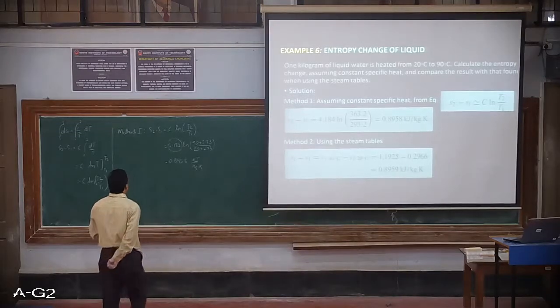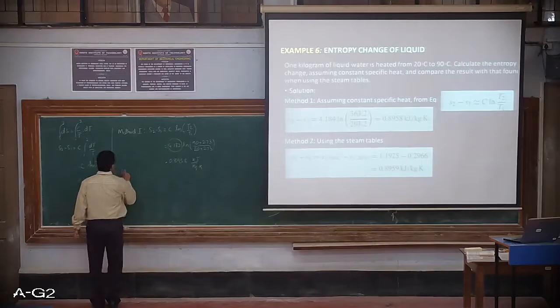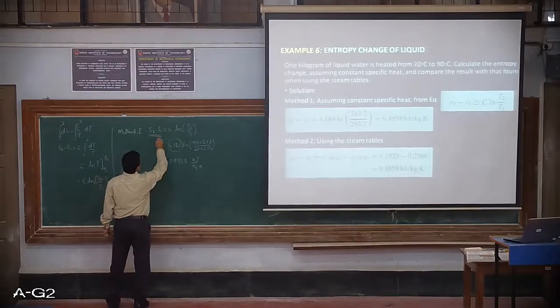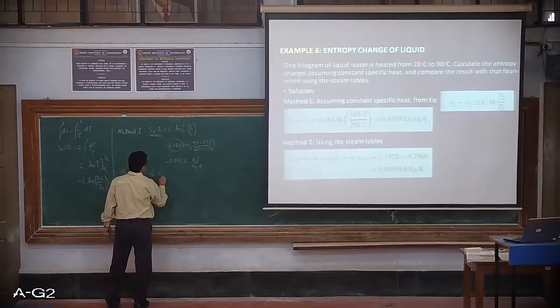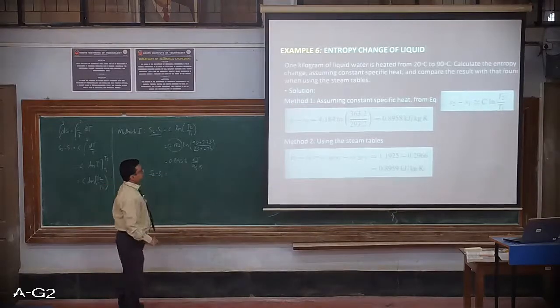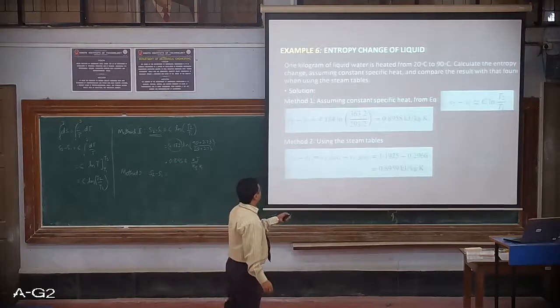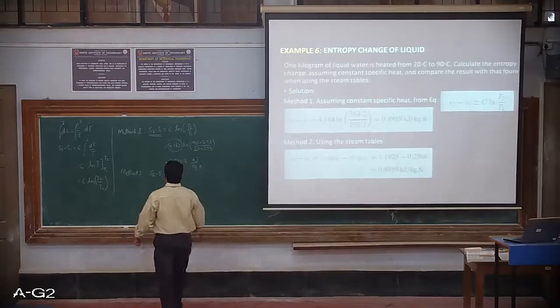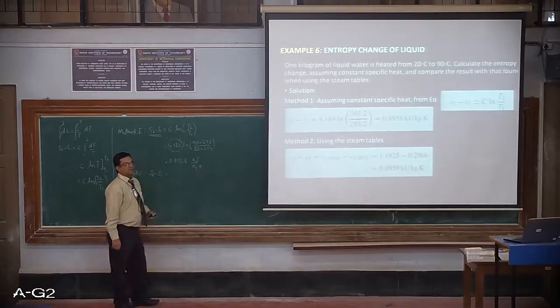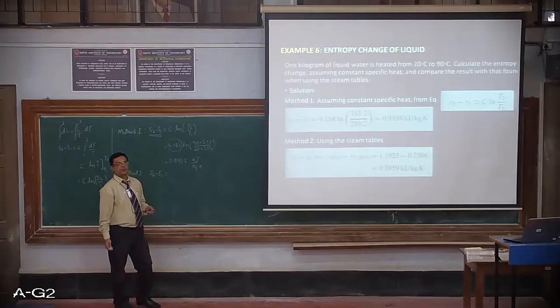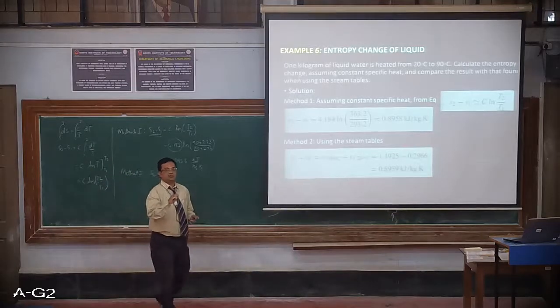Now in method 2, since we want the change in entropy, S2 minus S1, S2 is the entropy at 90 degrees Celsius. At 90 degrees Celsius, water is still in the saturated liquid form, so no need to worry about the phase until it crosses 100.